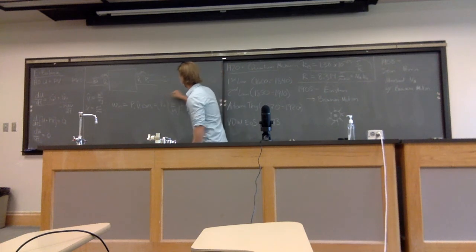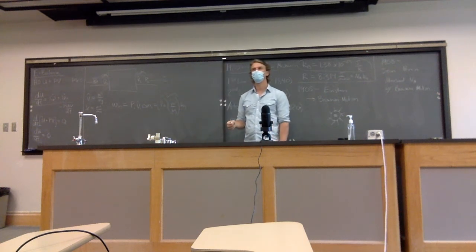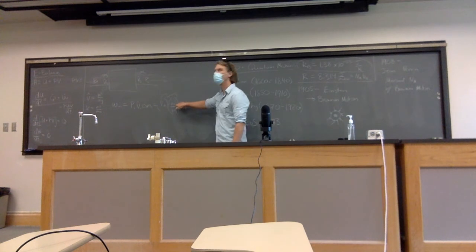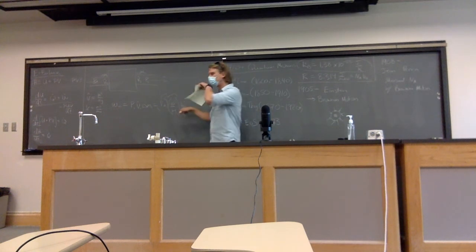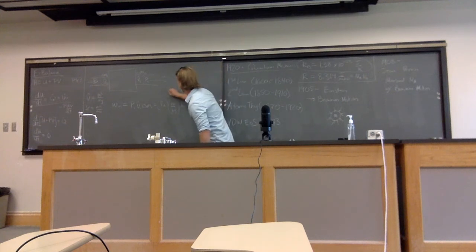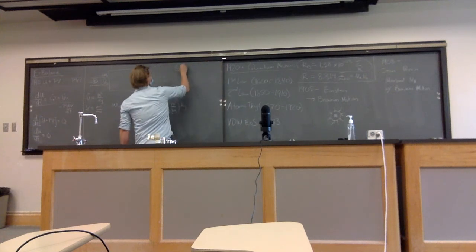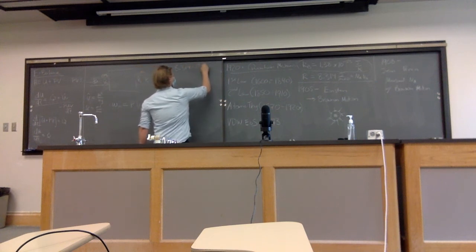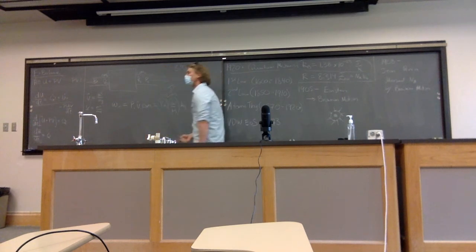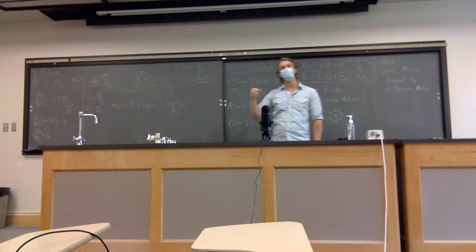A pascal times a meter cubed is what? That's joules, yes. So in the gas constant, 8.314 joules per mole Kelvin is exactly equal to pascals meter cubed per mole Kelvin. So P times V is a unit of energy.